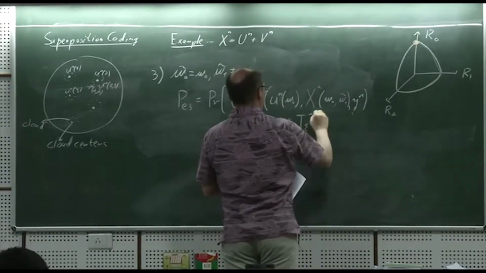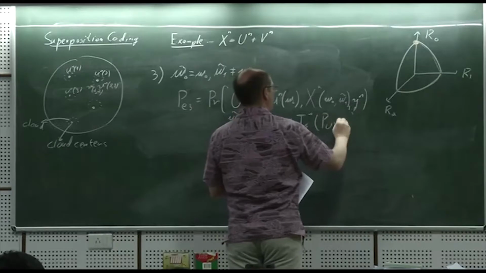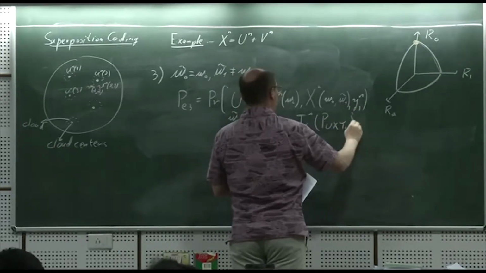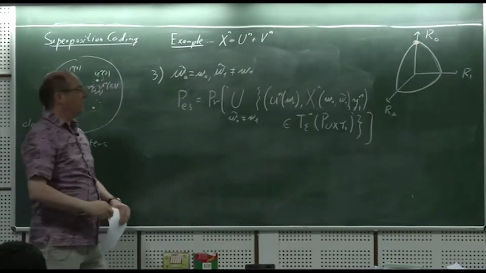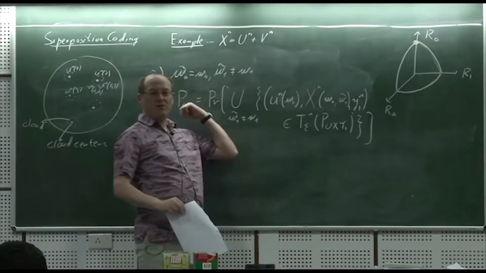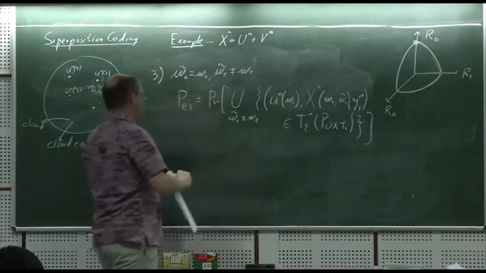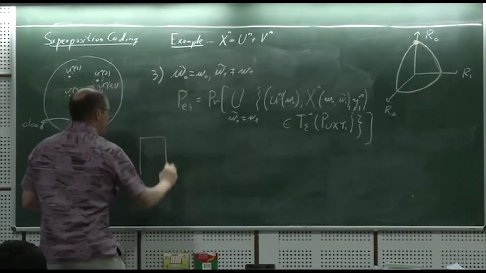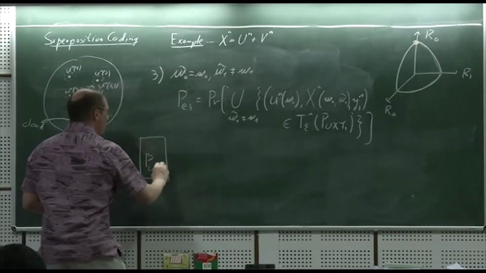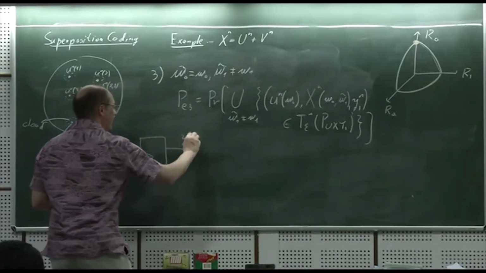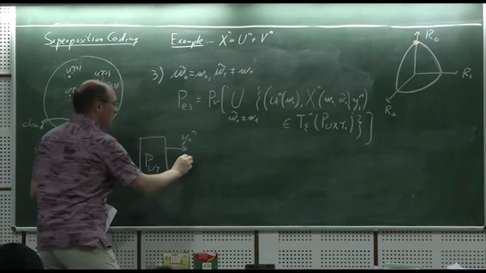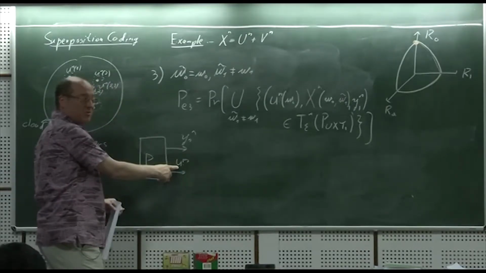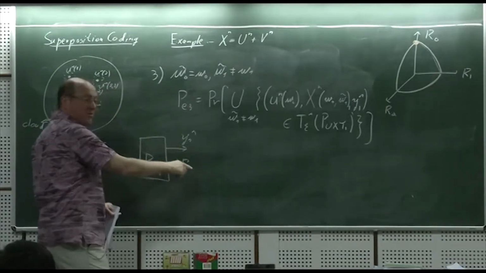That it is in T epsilon^n of P_(U,X,Y1), right? And guess what we have now? Now we have exactly that situation we talked about before in that experiment. The statistical experiment here is exactly that U and Y1 were created jointly, because U is the one that was chosen and Y1 is the output, so these are jointly typical.